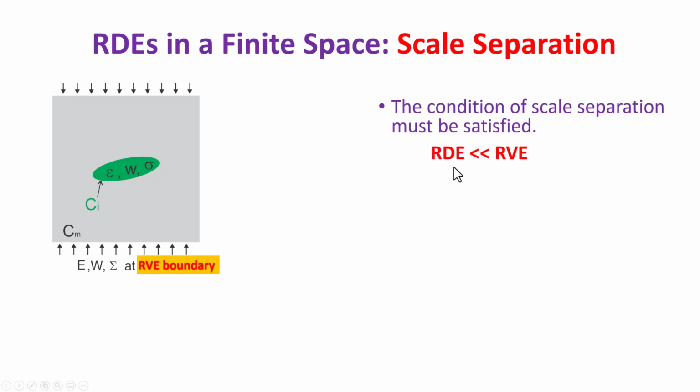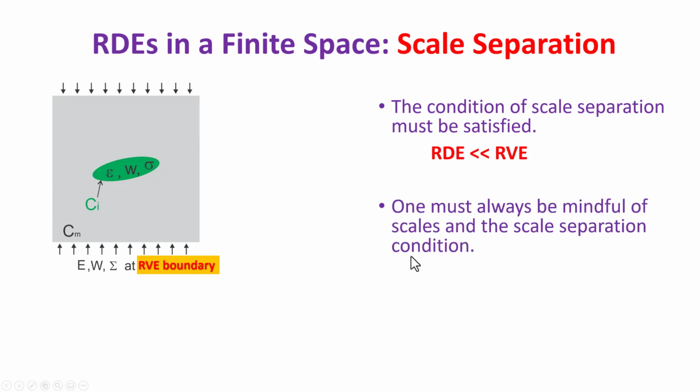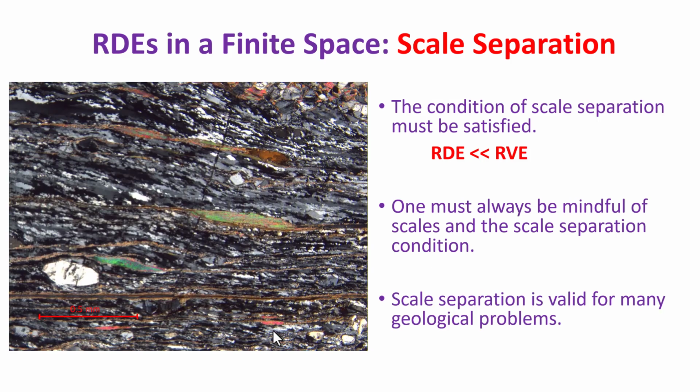As long as the RDE is much smaller than the representative volume element, the RDE can be practically regarded as an inclusion embedded in an infinite matrix. Of course, we have to always be mindful that the scale separation condition is satisfied.